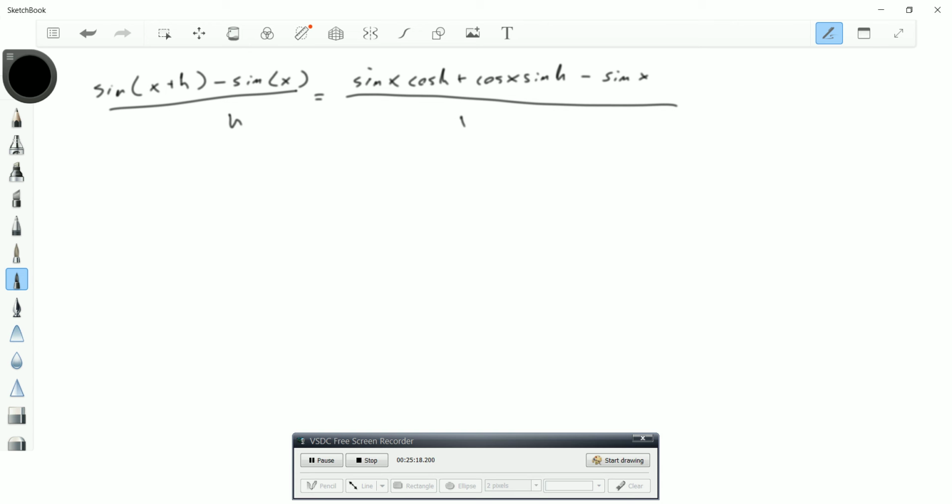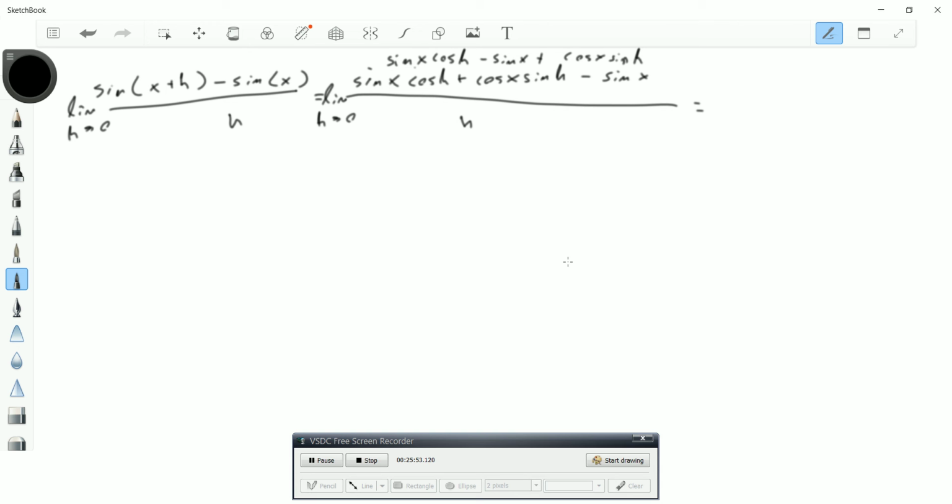Okay, now, this is all the limit as h goes to 0. Now I'm going to make this numerator into, so I can get a common factor out, sine x cosine of h minus sine of x plus cosine x sine h. That's okay, right?